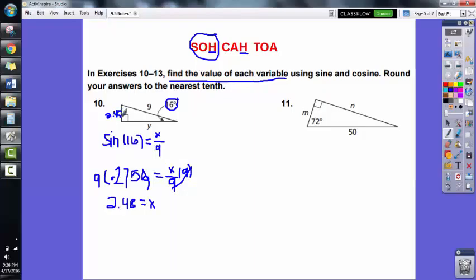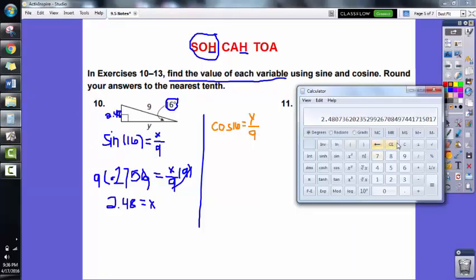Now if you want to solve for y, you've got a couple options. You have two side lengths, so you could use Pythagorean theorem, but to be honest, with decimals, Pythagorean theorem is not really that much shorter. So you could go ahead and use a different trig function. So if I use the cosine function now, I can see I'll need adjacent over hypotenuse. So I'm going to take the cosine of 16 degrees, and that would be the adjacent side, which is y, over the hypotenuse, which is 9. So if I figure out the cosine of 16, .9613.